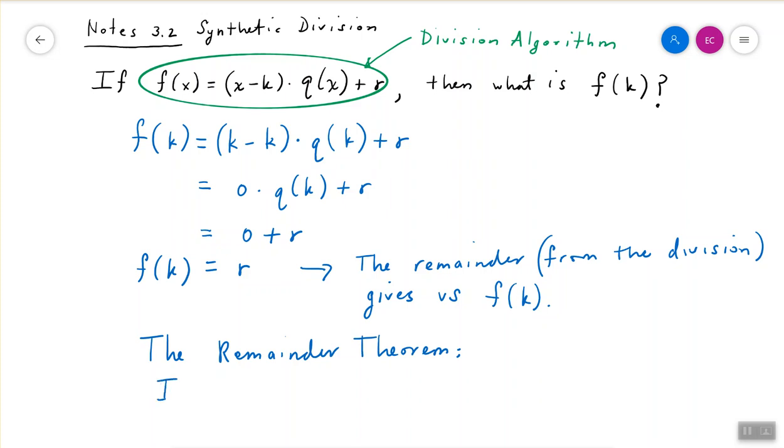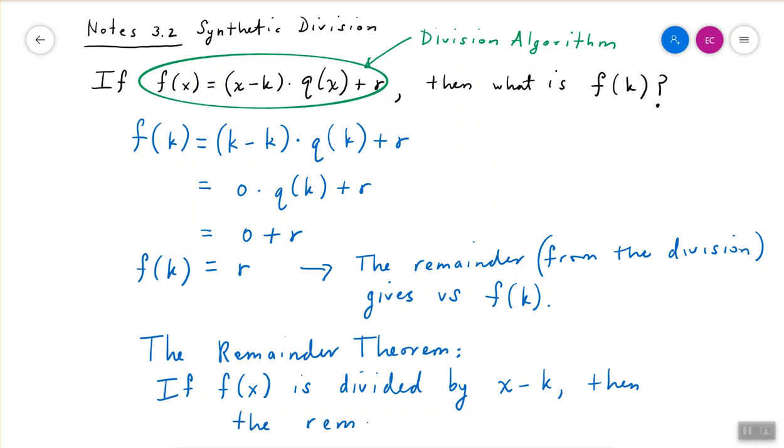It says if f of x is divided by x minus k, then the remainder is f of k.